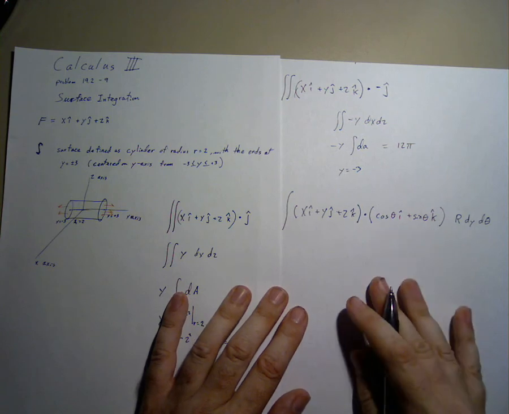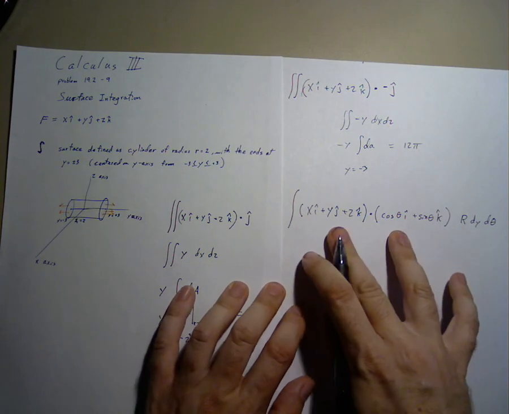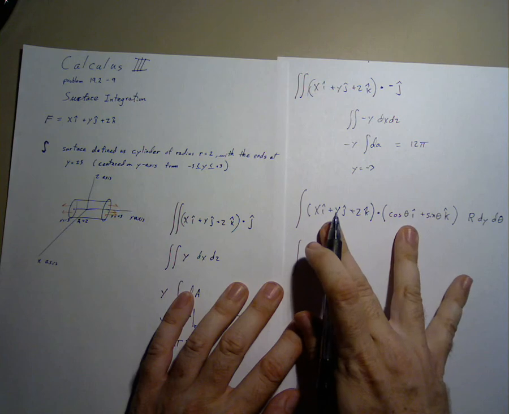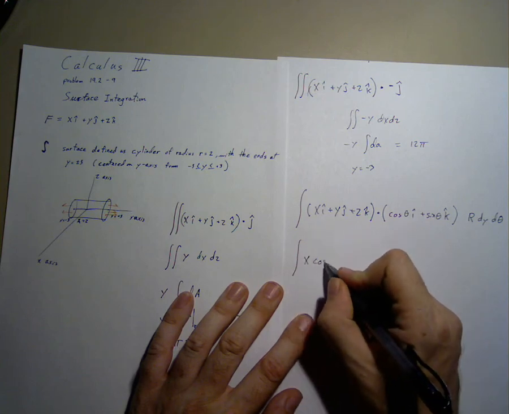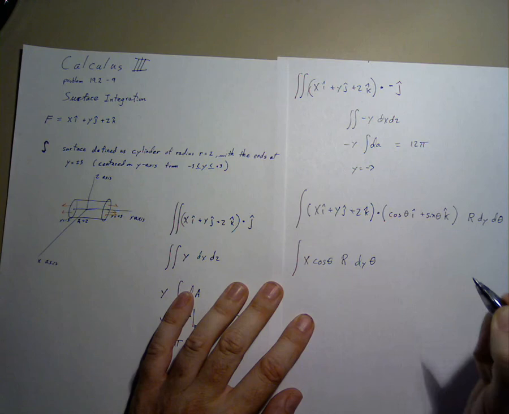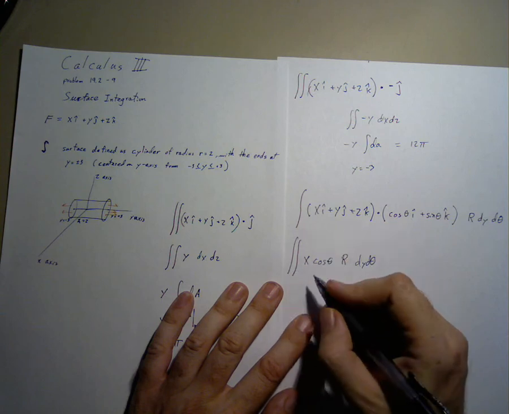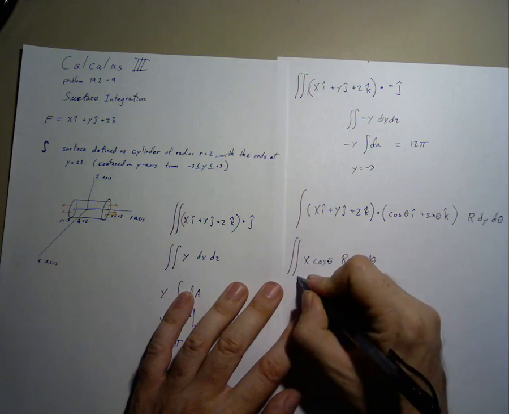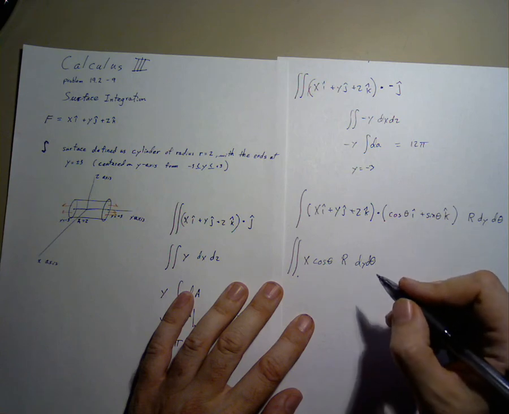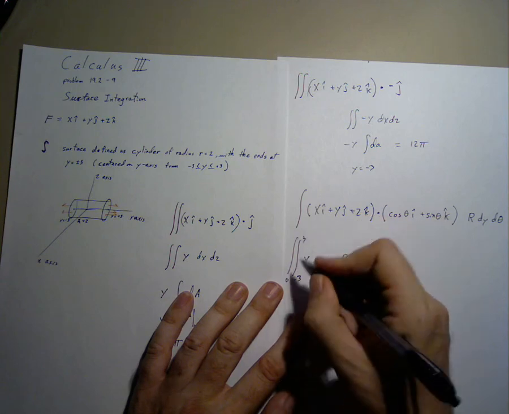First, let's simplify. Let's take this dot product, and we will get our i hat term: x cosine theta r dy d theta, integrated from minus 3 to 3 and 0 to 2 pi, as our order of integration does not matter.